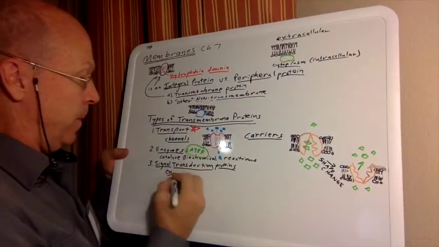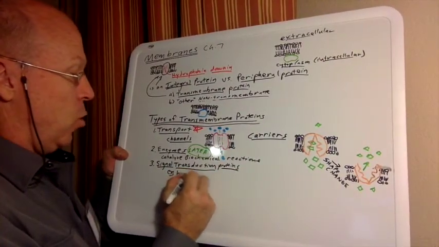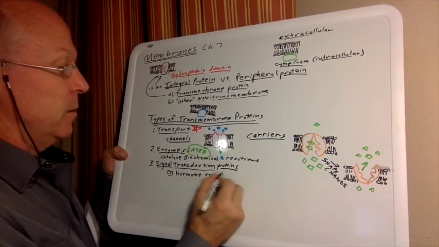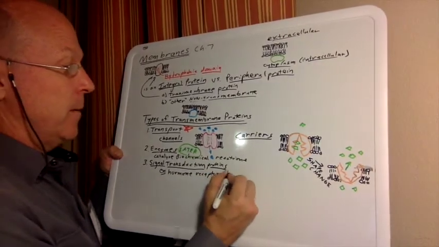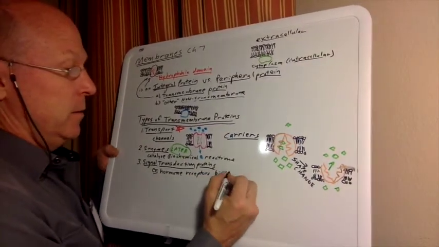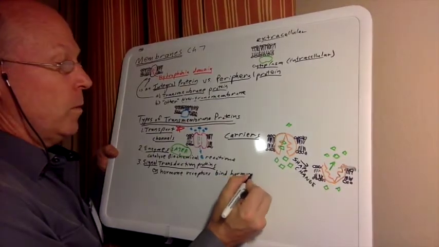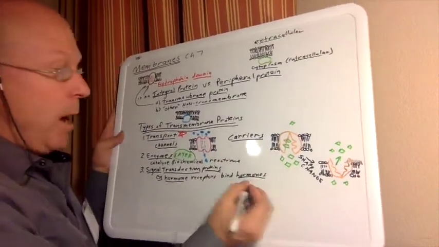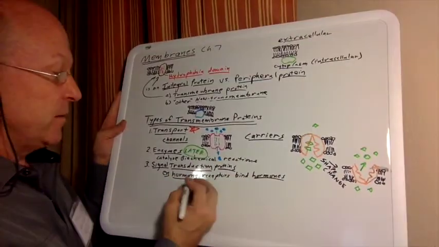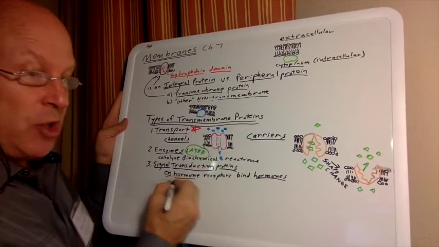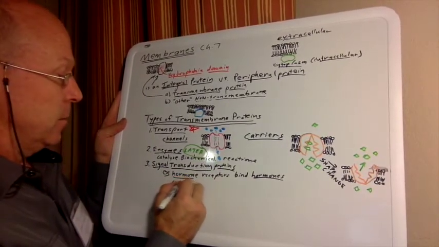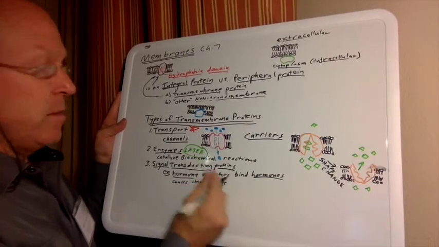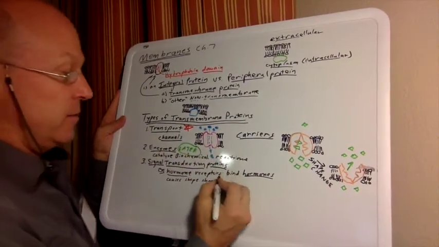For example, hormone receptors that bind hormones outside of the cell. They'll bind hormones on the outside of the cell, and then this will cause a shape change event. Shape change that impacts the inside of the cell.